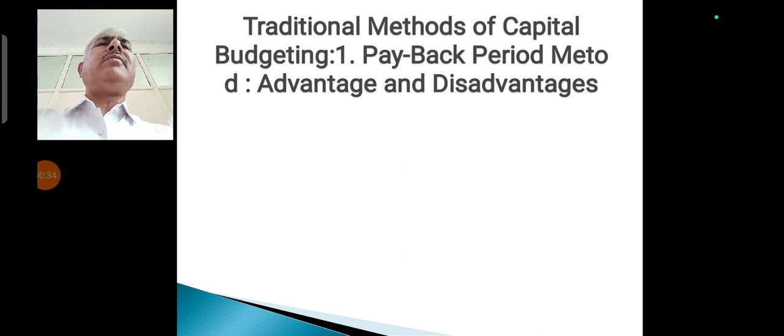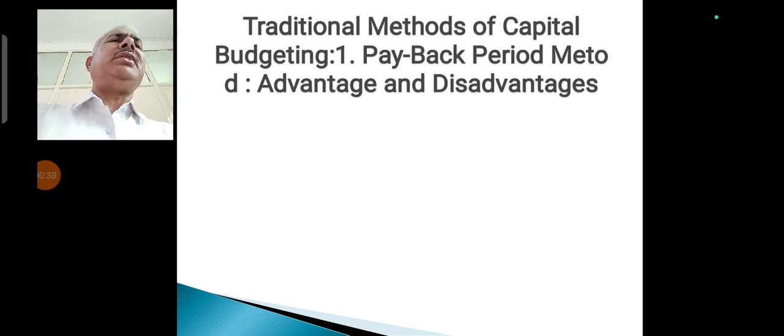The payback, sometimes called the payout or payoff period method, represents the period in which the total investment in a permanent asset pays back itself.